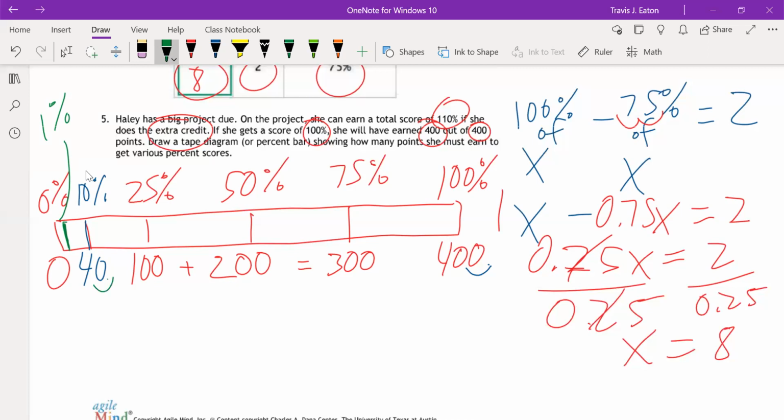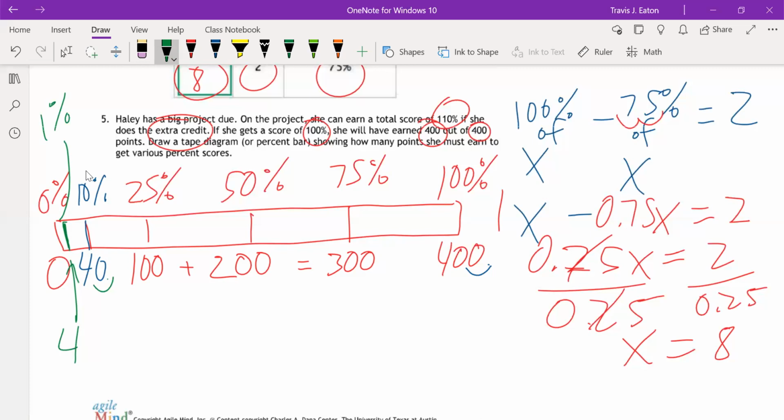And so 1 more decimal point to the left would be 4. So we have all of these. If we know all of these, we can find any percent of anything we want in there. So we know that 1% is 4, 10% is 40, 25% is 100, 50% is 200, 75% is 300, and 100% is 400.